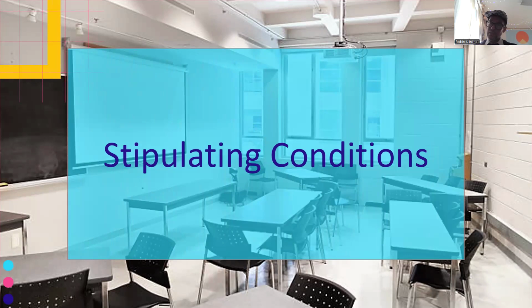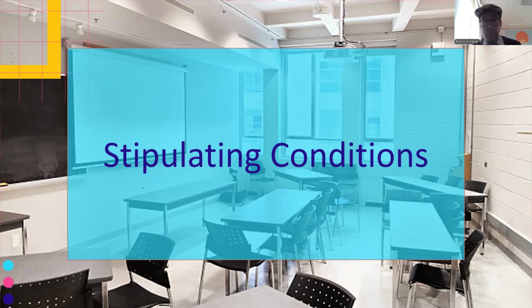And so conditions, conditionals, they refer to the same thing. And when we communicate conditionals, we use a specific word. And the word is if. First conditionals, second conditionals. So when we use stipulating conditions, we're actually including if.